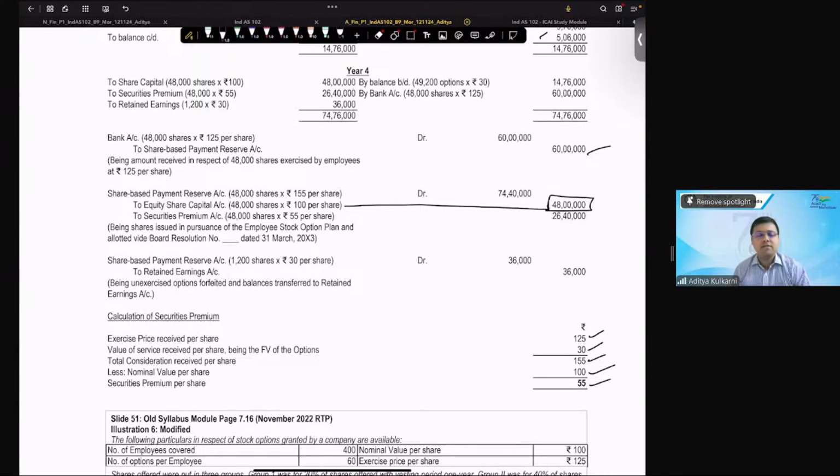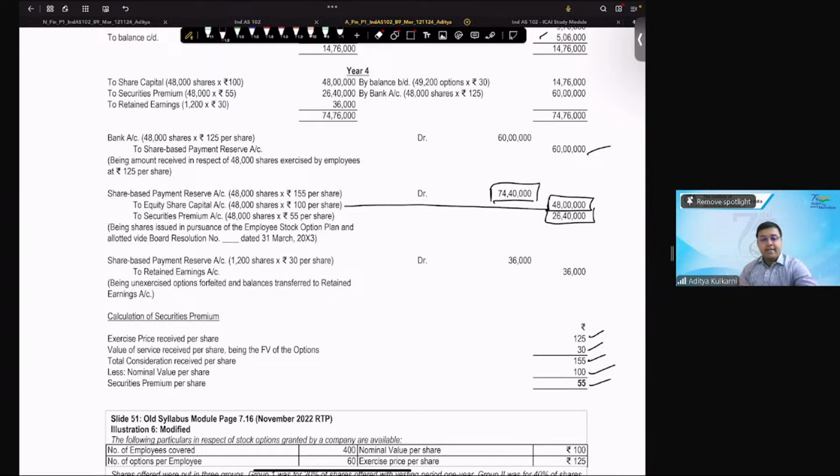Securities premium is 48,000 into 55, and total SBP reserve is 74,40,000. Are we okay?